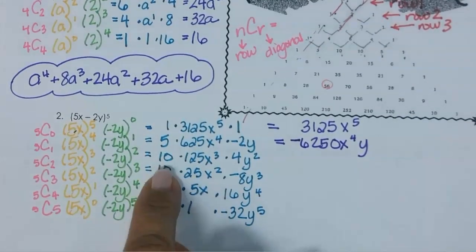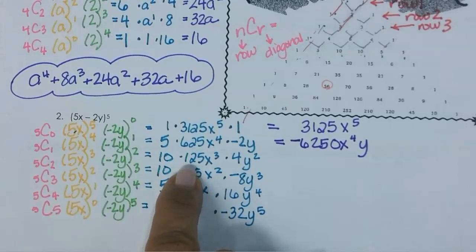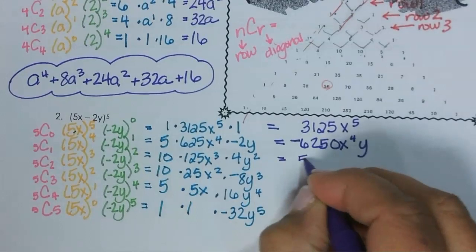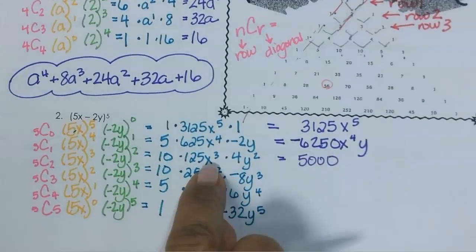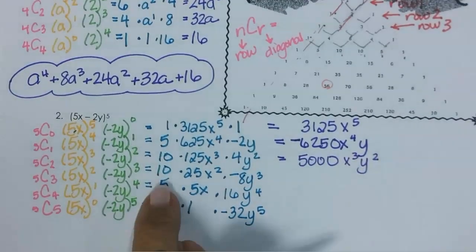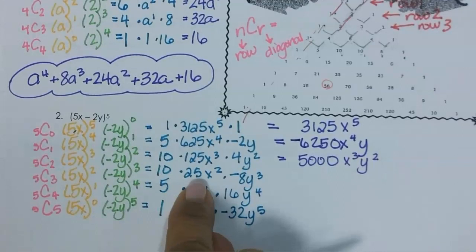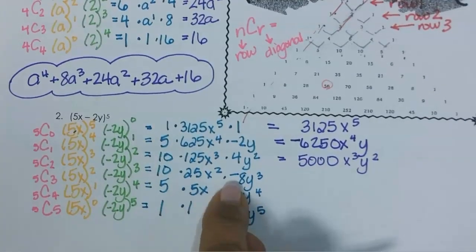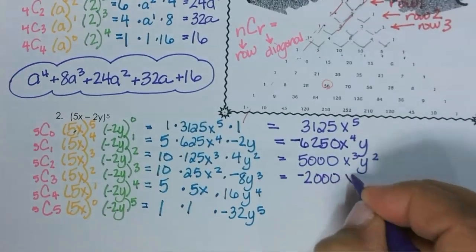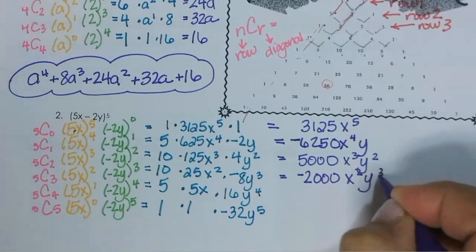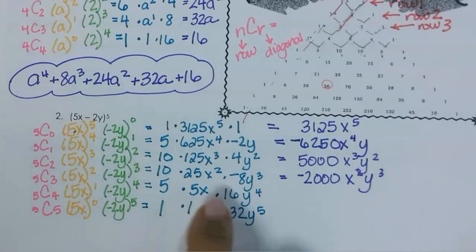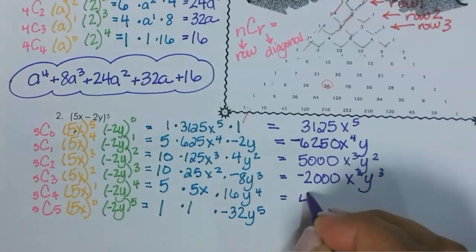Then I would take 10 times 125 times 4, and that ends up giving me 5,000. And then I have x cubed, y squared. Now 10 times 25 times negative 8 will give me negative 2,000 x squared, y cubed. 5 times 5 times 16 would be 400.